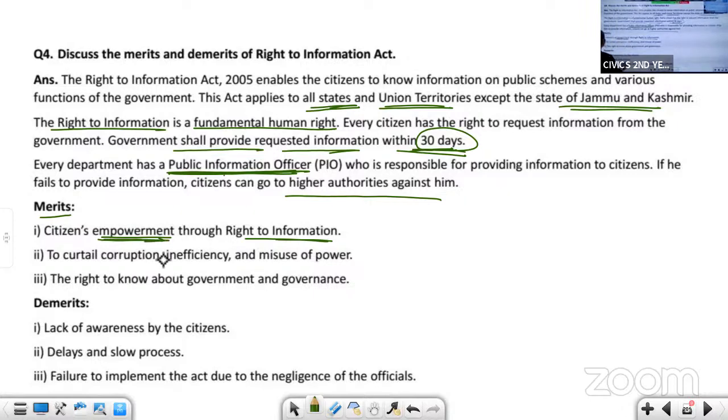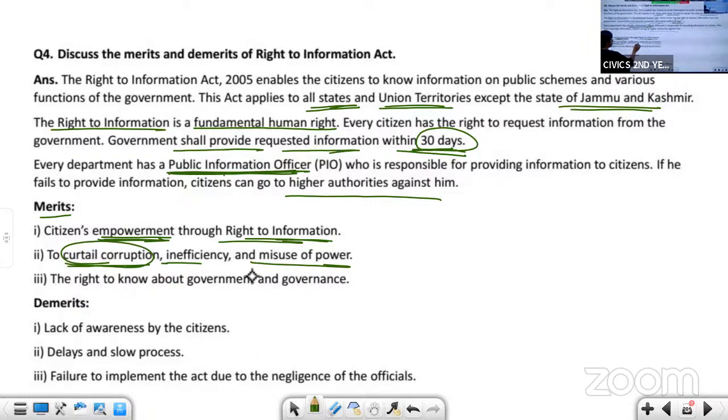The next, it curtails corruption, inefficiency, and misuse of power. Now, when people have got this right to information and they can ask for information on anything, the officials will be always in fear. So corruption can be curtailed, can be reduced.